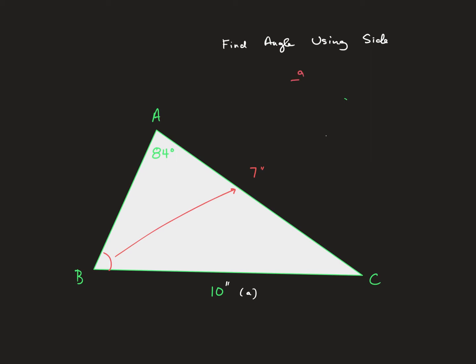Now I can set up sine of angle A, sine of B, and set up this ratio, this proportion, and work from there. And I would have this set up where A is 10, or 10 over sine of 84 is equal to 7 over sine of the angle I do not know. And there's this cross multiplying setup.